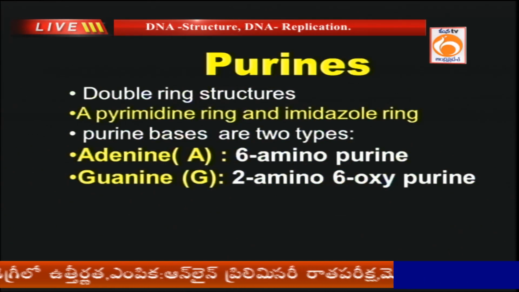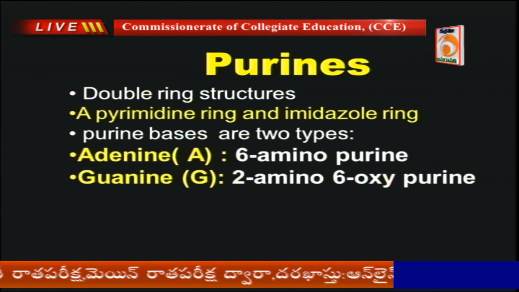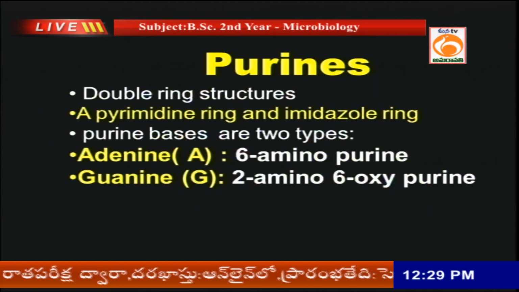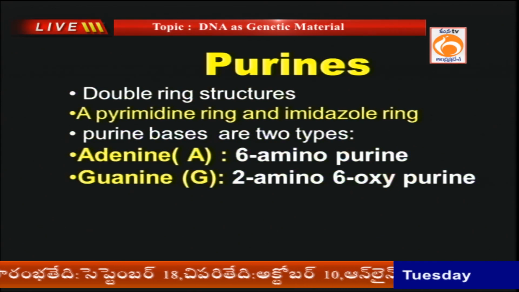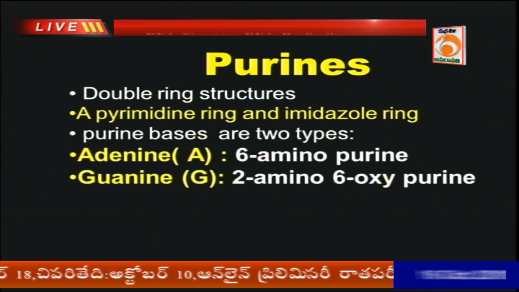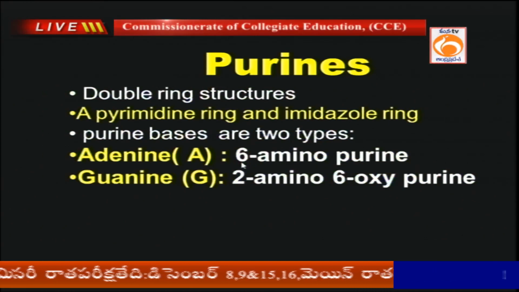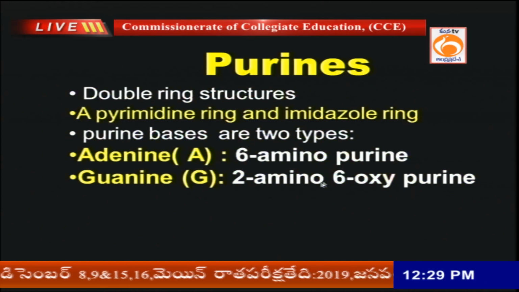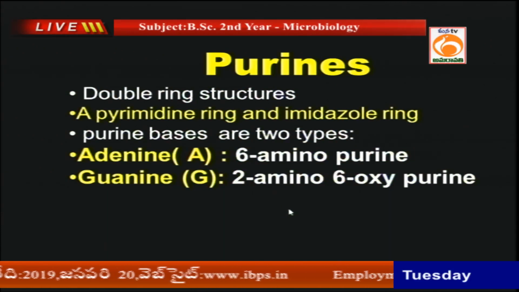Coming to the structures of purines. They are double ring compounds containing a 6-membered pyrimidine ring and a 5-membered imidazole ring. Purines are of 2 types in DNA, adenine and guanine. Adenine is a 6 amino purine, whereas guanine is a 2 amino 6 oxy purine.